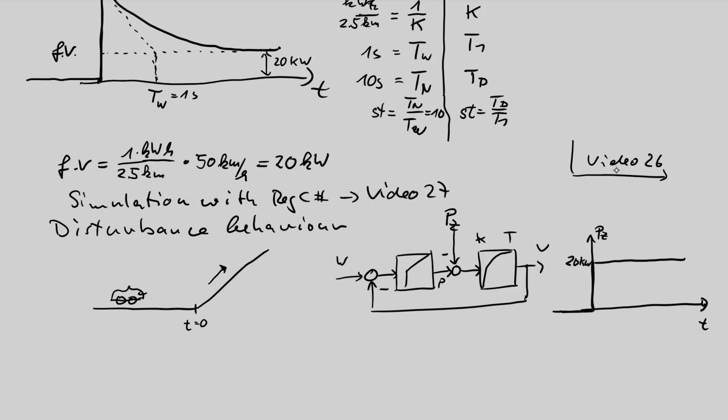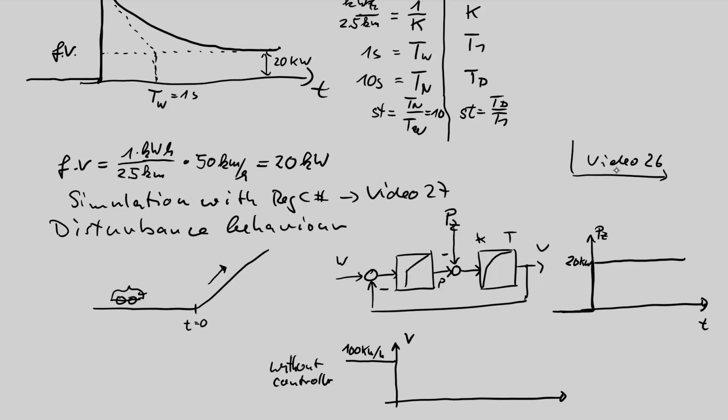That means if I'm driving 100 kilometers per hour, let's assume what happens without controller. Without controller, what will the speed be doing? We are driving with 100 kilometers per hour.